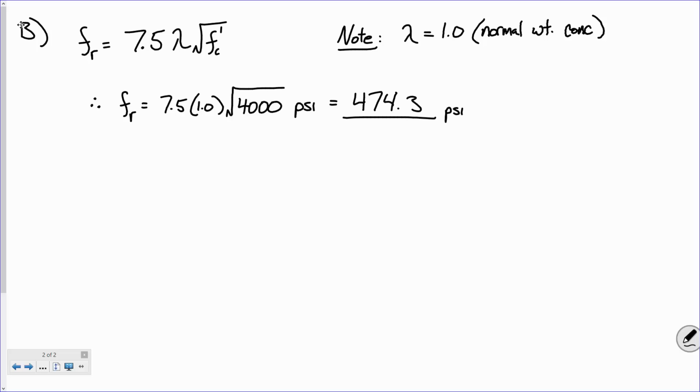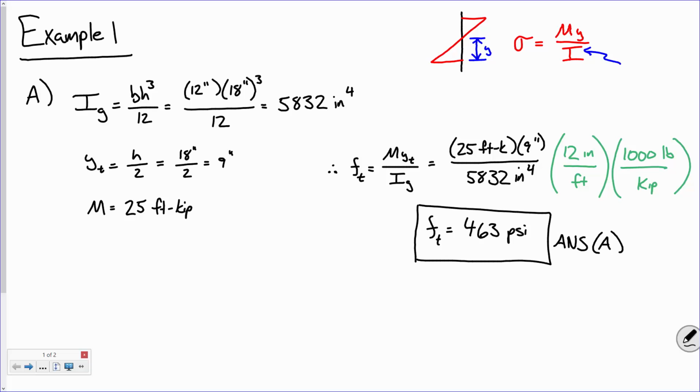Let me ask a follow-up question to that. Okay, does everybody have everything on this screen? I want somebody in here, based on what we just calculated, can you make a behavioral observation about the answer in Part A? Let me ask it to you this way. The modulus of rupture for this concrete is what? 474 psi?